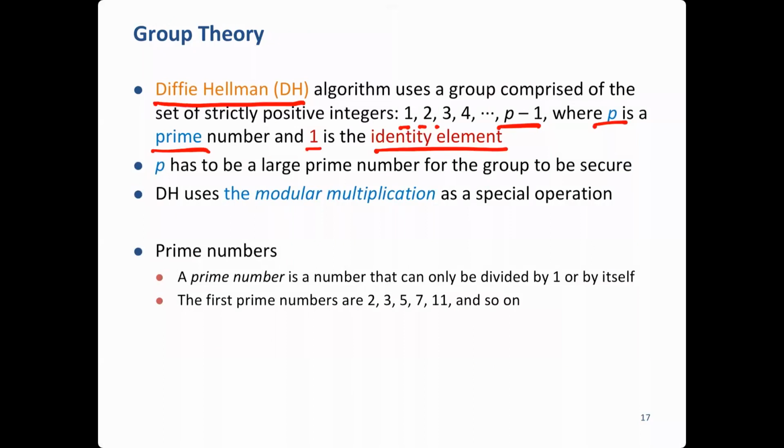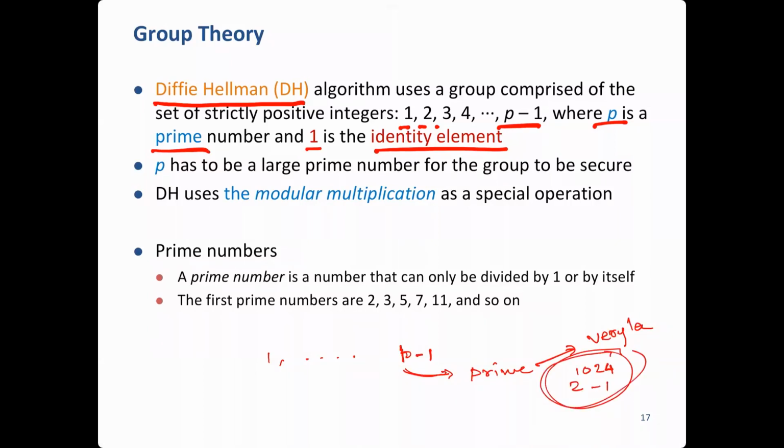So we use the numbers 1 to p minus 1, and p is prime, and you know what prime is. And this is very large. It means the number of bits in p could be 1024 bits, so 2 raised to the power 1024 minus 1 would be the highest number here. It's a very, very large number. So p is a very large prime.